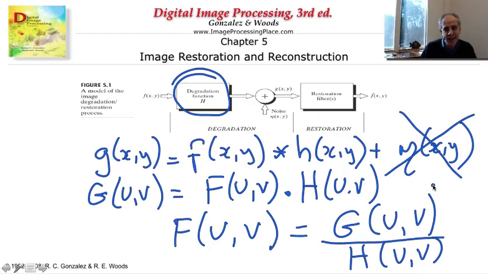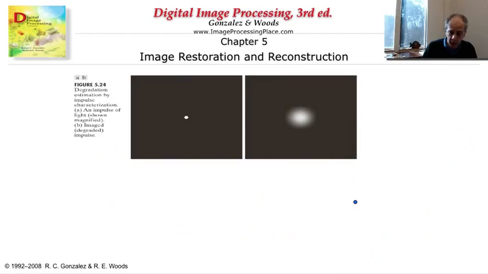So let's see some examples where we can actually estimate it, and also some examples of what type of h functions we have in reality. For example, one thing that happens, as I mentioned earlier this week, is what's called blurring.